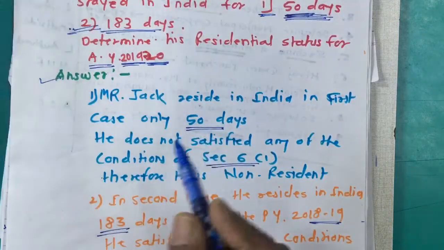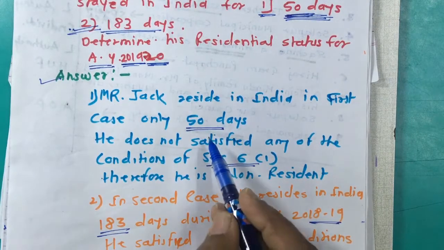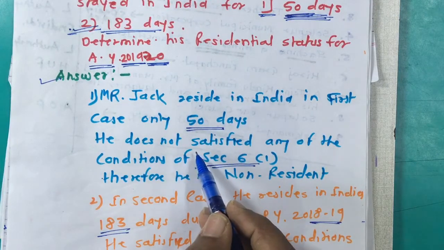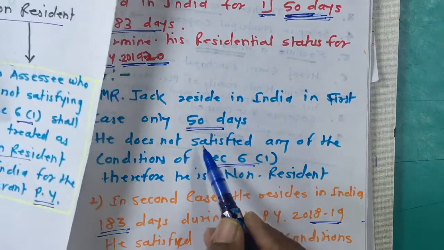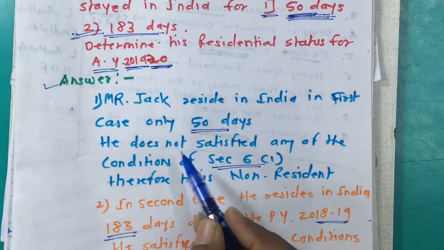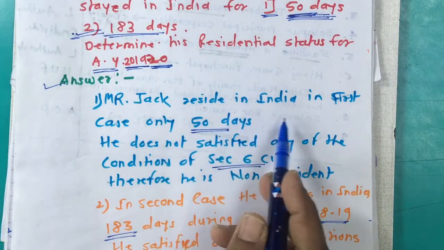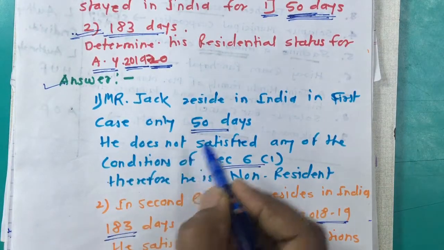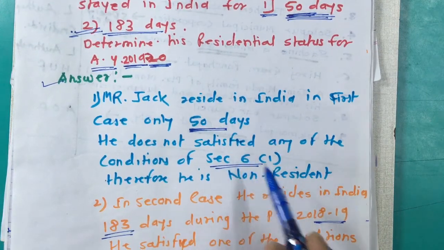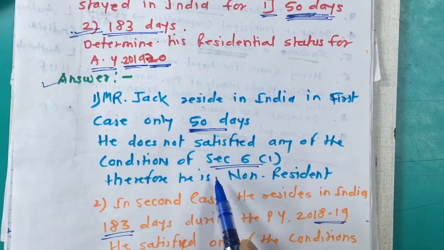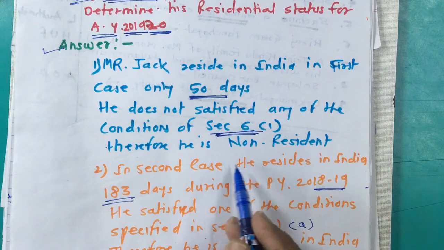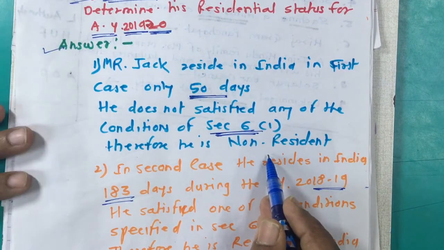If Mr. Jack resided in India 60 days or more in the previous year, he would be resident in India. But he resides in India only 50 days, and so he does not satisfy any of the conditions of Section 6(1). Therefore, he is non-resident in India.